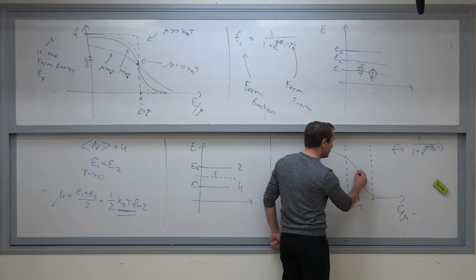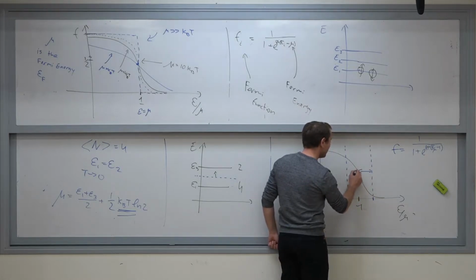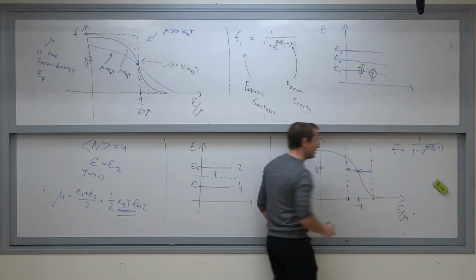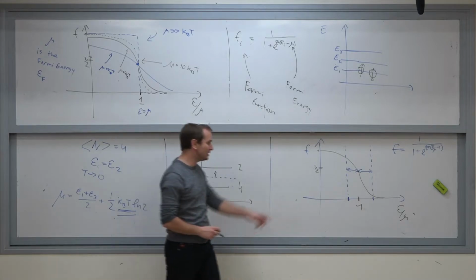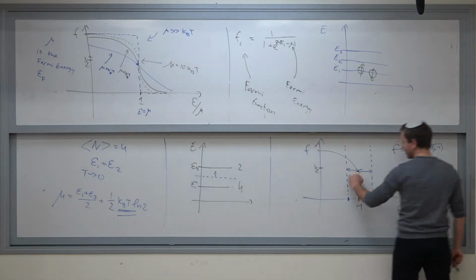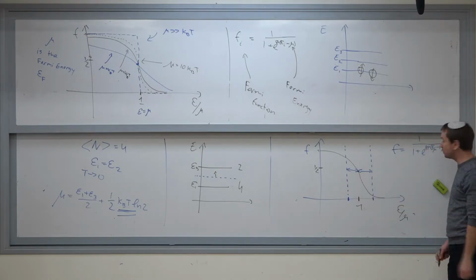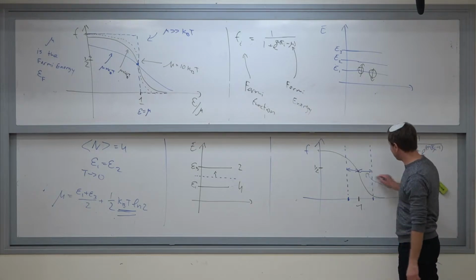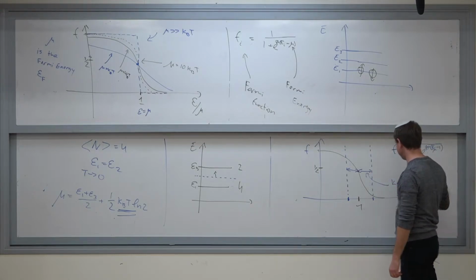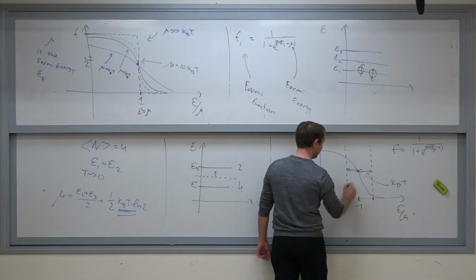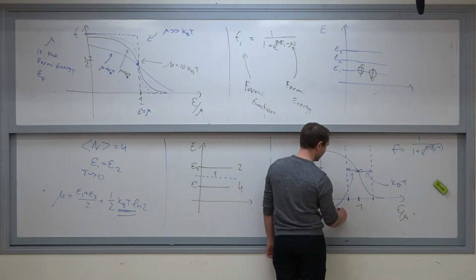So what is the size of this region around epsilon equals epsilon Fermi? It is always K Boltzmann T. So this part is K Boltzmann T, and this part is also K Boltzmann T.